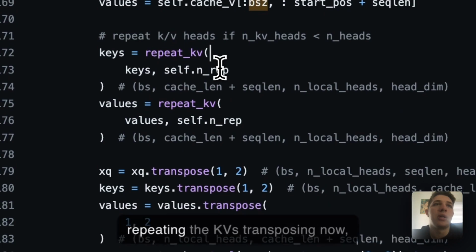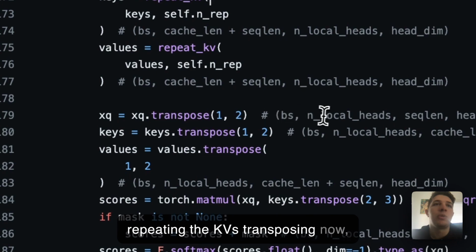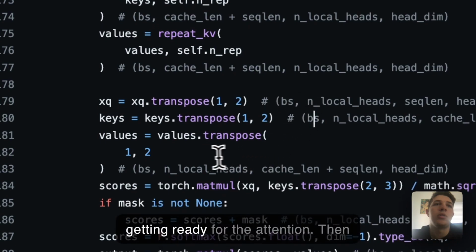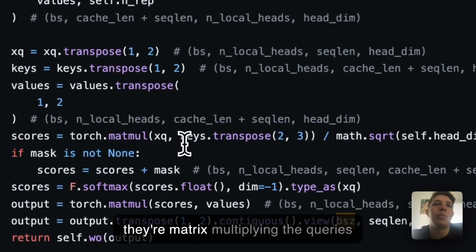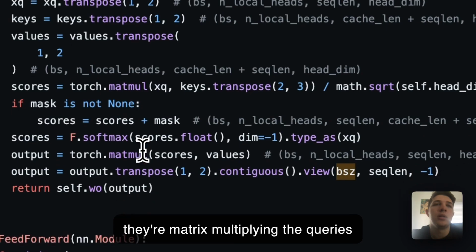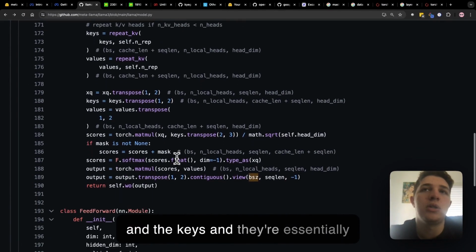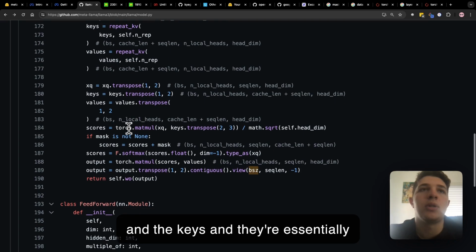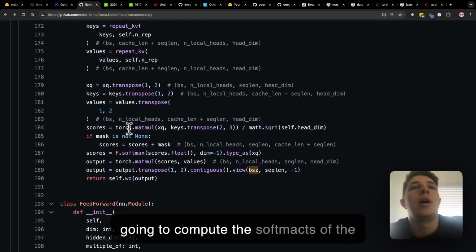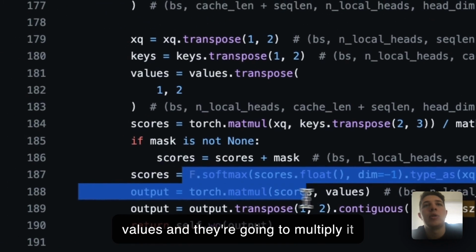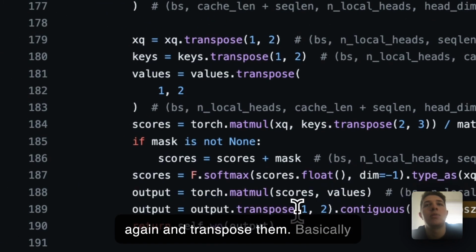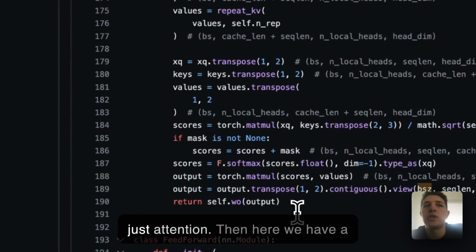They're repeating the KVs, transposing now, getting ready for the attention. Then they're matrix multiplying the queries and the keys, and they're essentially going to compute the softmax of the values. Then they're going to multiply it again and transpose them, and basically just attention.